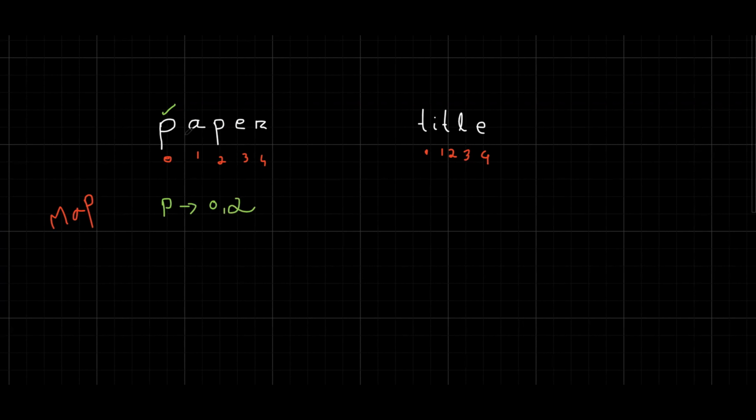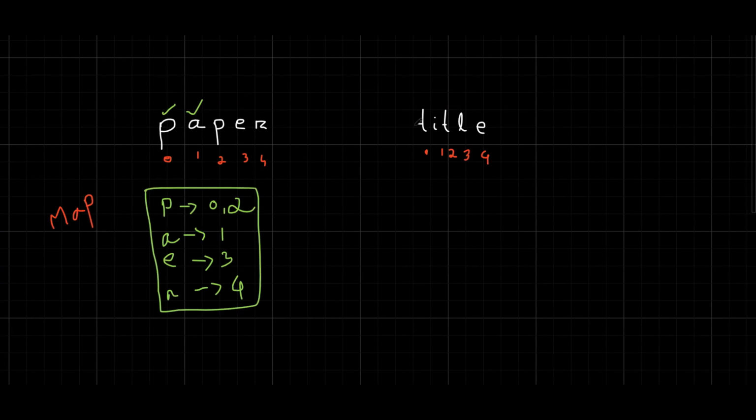Similarly, for the character A, the index number will be 1. For the character E, the index number will be 3. And for the character R, the index number will be 4. So this is the entry of the first map.